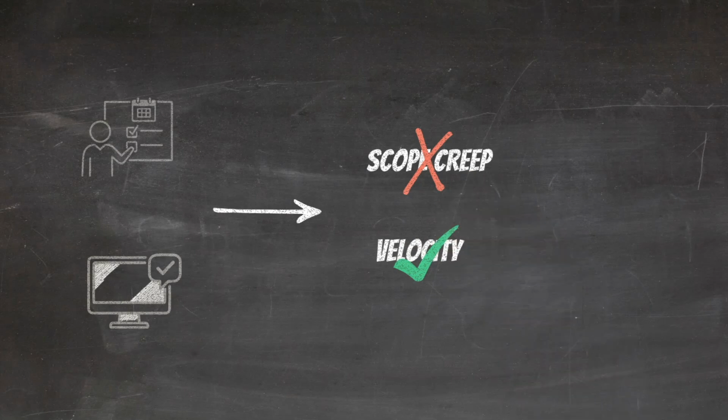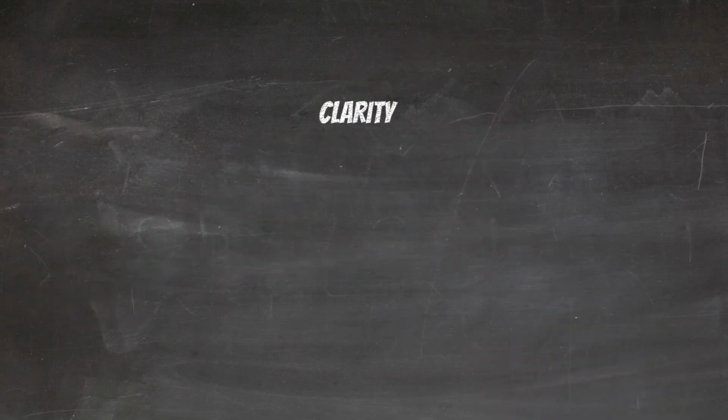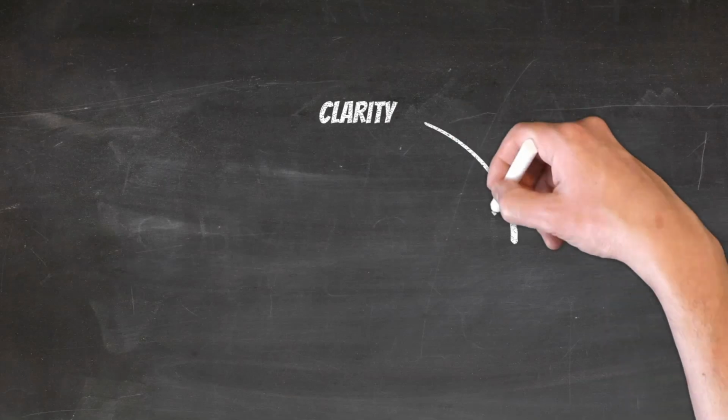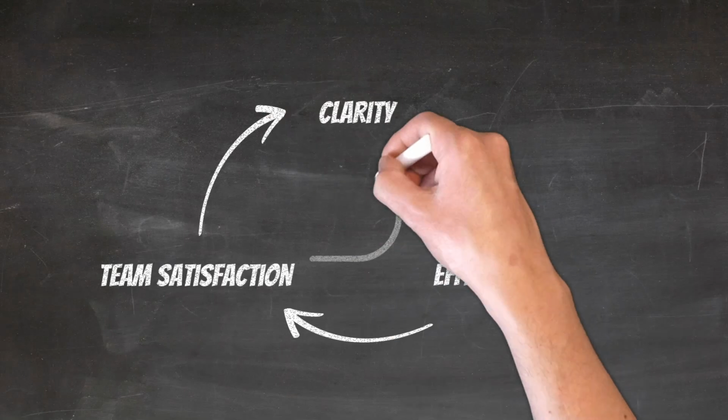Teams that respect these boundaries while maintaining open communication experience up to 40% fewer delays. When these interactions work correctly, they create a cycle of clarity, efficiency, and team satisfaction that builds on itself with each sprint.